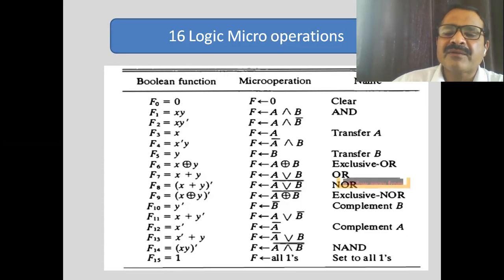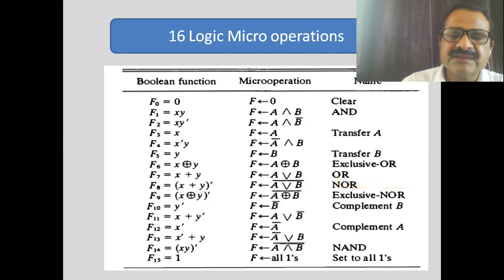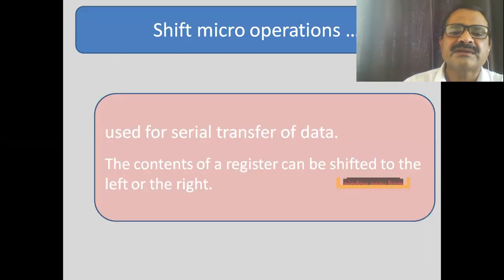Like that, we can perform clearing, ANDing, transferring data to the A register, transferring data to the B register, then complement of B, complement of A. Then with the help of F14, we can do the NAND operation, and Boolean function F15, which is equal to 1, means load all ones in the given register. These are the 16 logic micro operations.